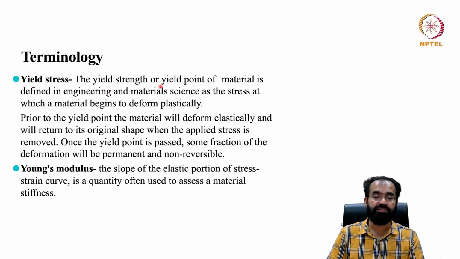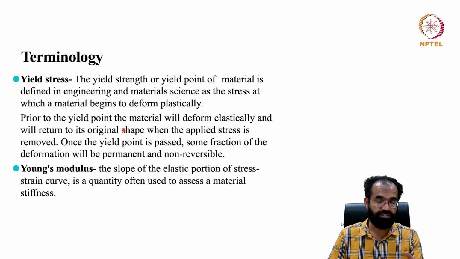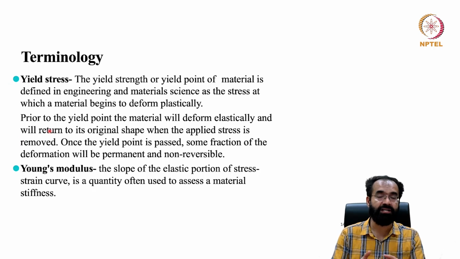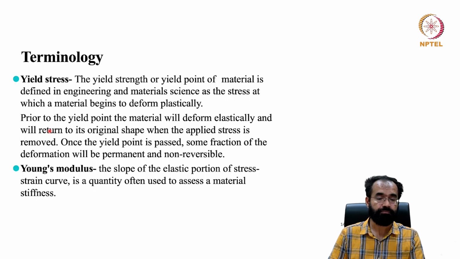Yield stress, the yield strength or the yield point of the material, is defined in engineering and material science as the stress at which a material begins to deform plastically. So this is the yield stress, the terminology used to explain the ability of biomaterials to deform plastically.